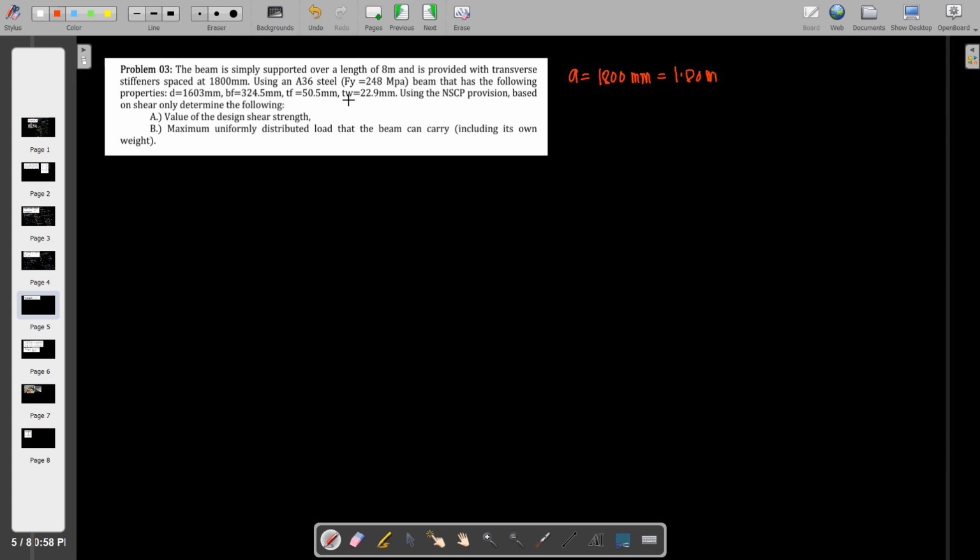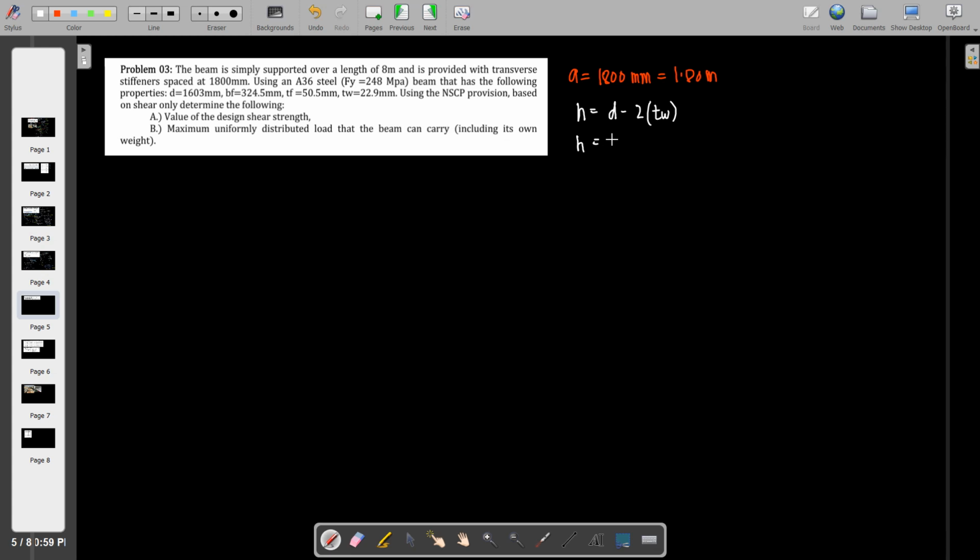So notice here that wala tayong K, di ba? So therefore, pag walang K, so just have to compute for H as the depth minus 2 times the thickness of the web.